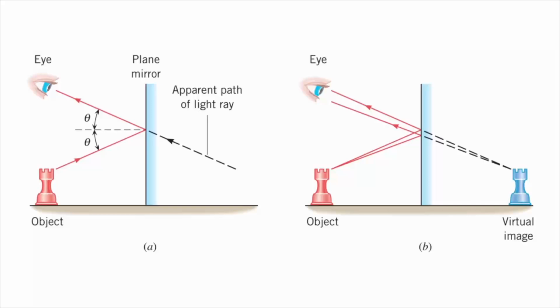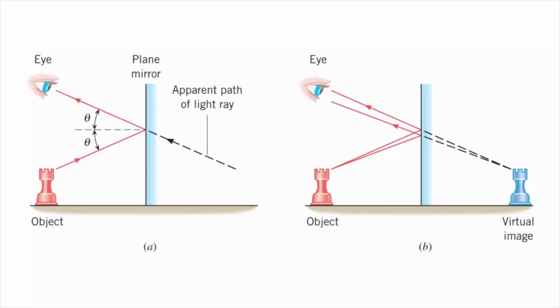And so using that evolutionary trick, right, your brain follows the light back to its source, creating a virtual image. The image of the chess piece on this screen.